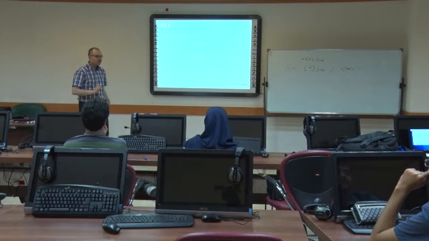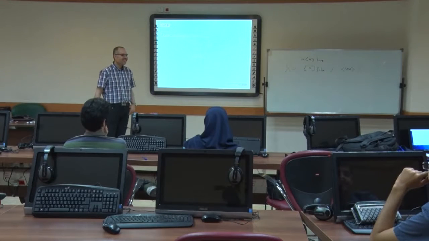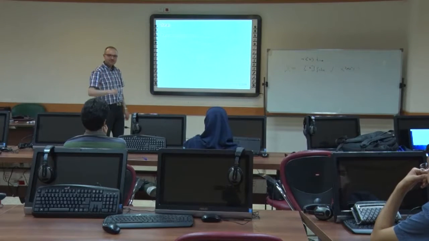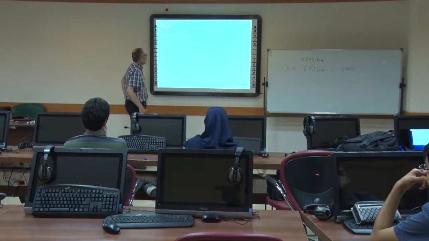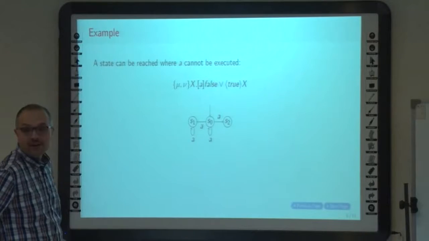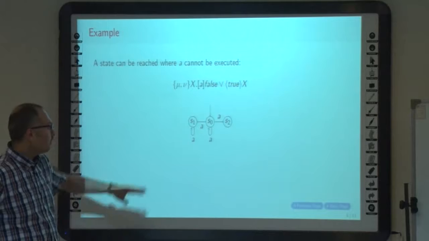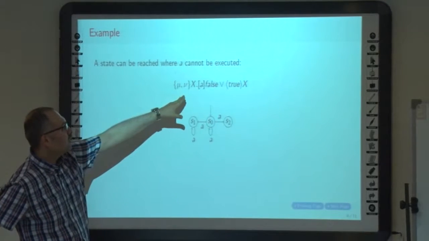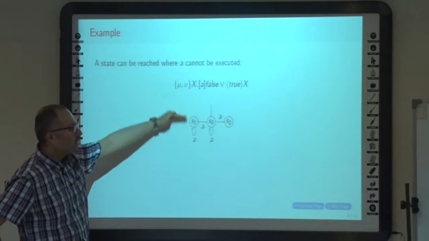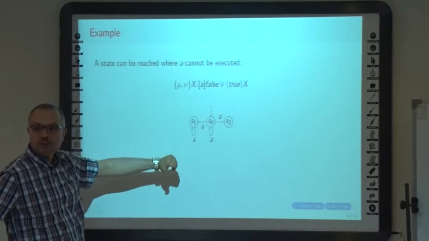Okay, so he says maximal fixed point. Maybe someone else thinks minimal. So we have two different votes. So let's calculate and see which one is which. We take one time the minimal fixed point, another time the maximal fixed point. We calculate it on this example, and then we see which one corresponds to our intuition.